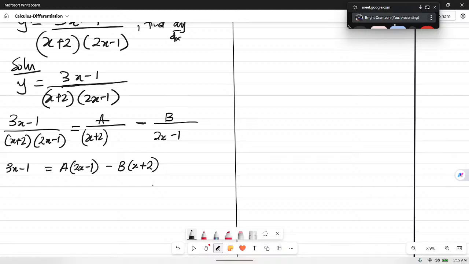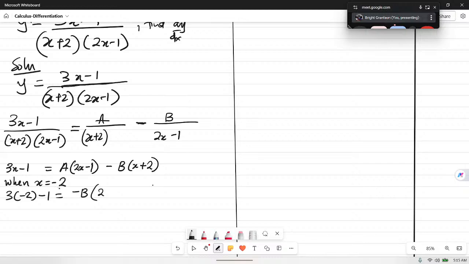So what else? So when x is negative 2, so 3 times negative 2 minus 1 is equal to A times (2 times negative 2 minus 1).